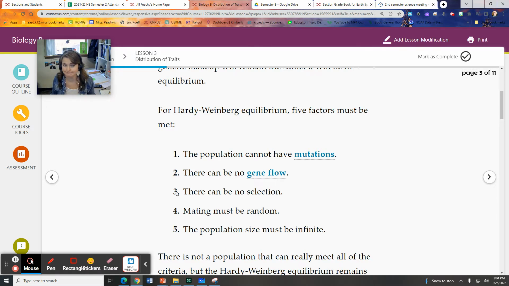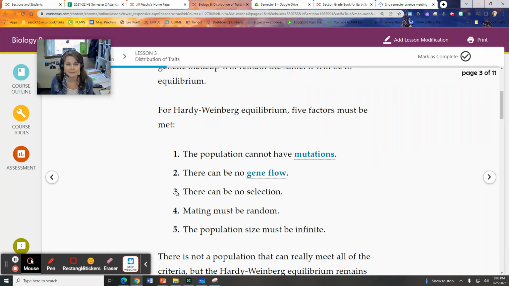No selection, nothing is more or less favorable. Remember that selection just means that there are certain traits that provide any kind of advantage or disadvantage for survivability. So there's no selection. Mating must be random. That's what we call sexual selection, so there's none of that either. You're just randomly mating different organisms.